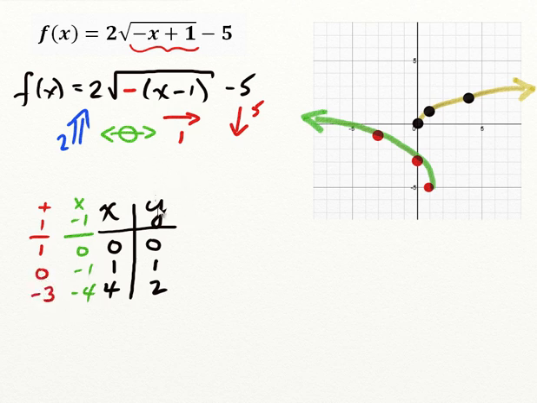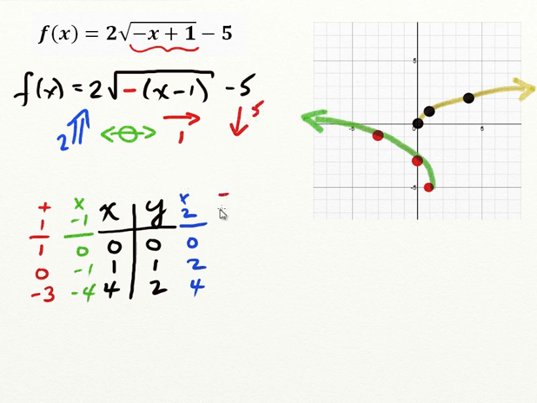Okay, let's move on to the y values. Again, with the y values, we're going to apply the stretch before we do the translation. So it's stretched by a factor of 2. So I'm going to multiply these y values by 2, and I get 0, 2, and 4. And then I'm going to go ahead and apply this vertical translation down.